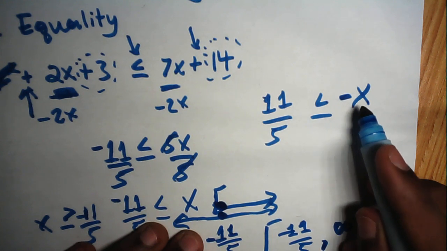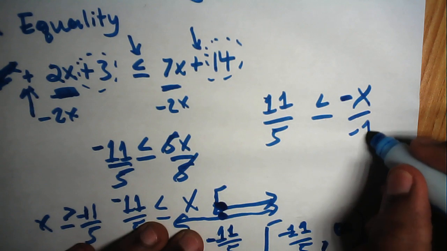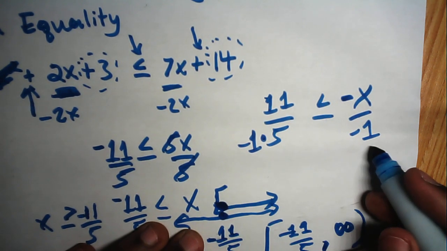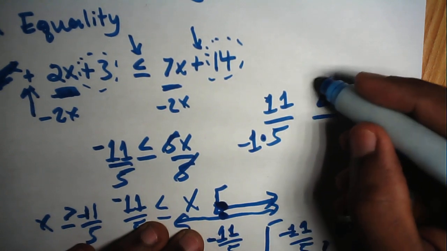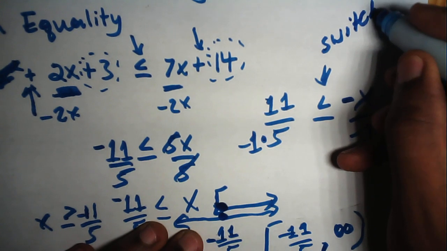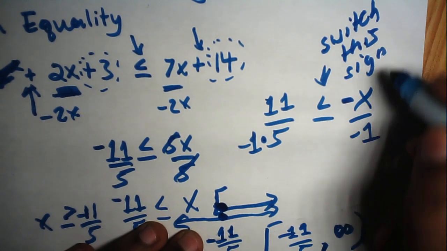I want this to be positive x, so I have to divide by -1. And if I divide by -1 here, the statement is I have to switch this sign. That would be the statement.